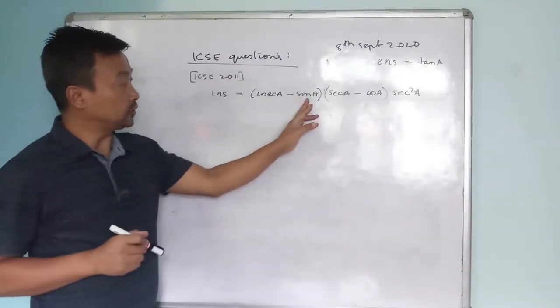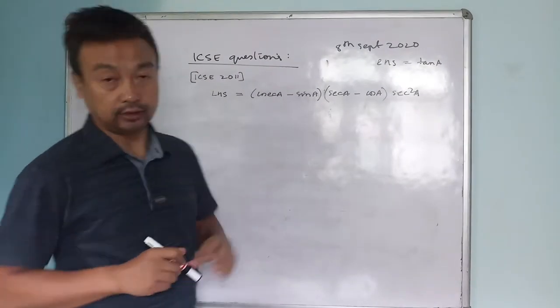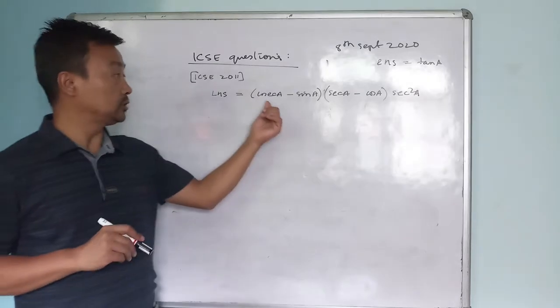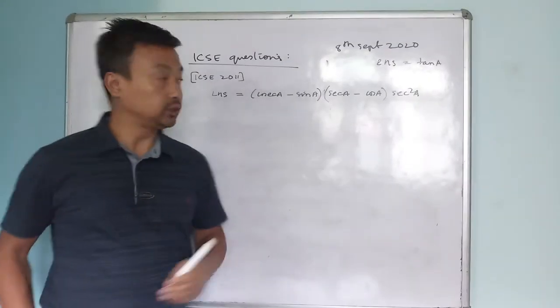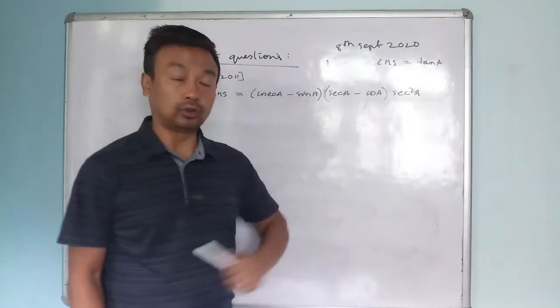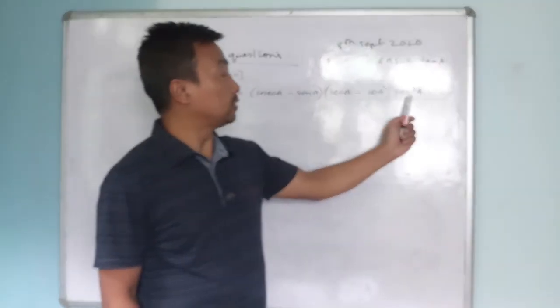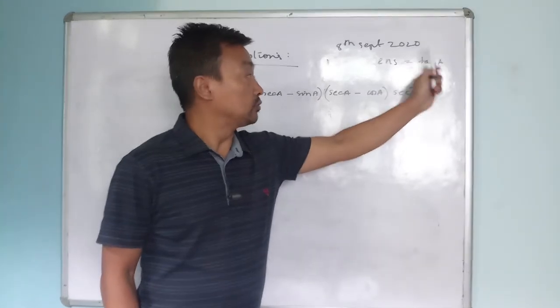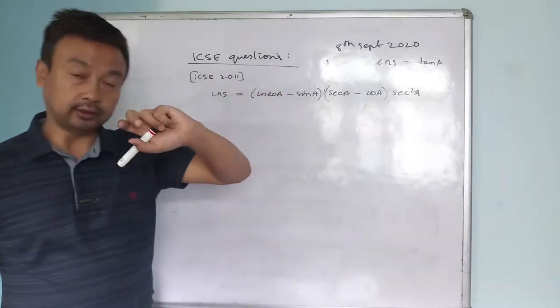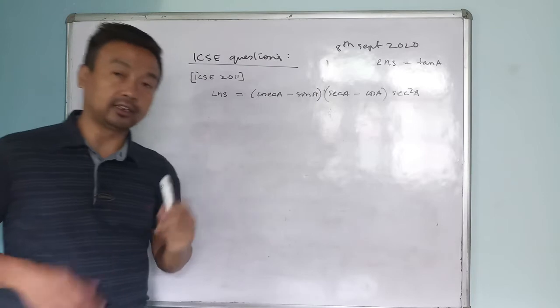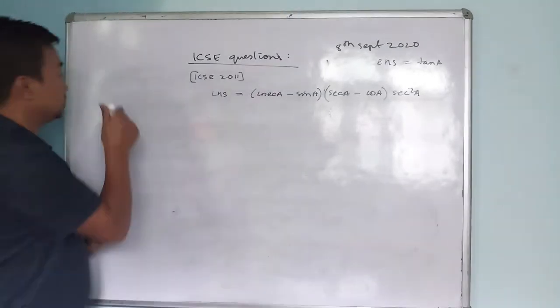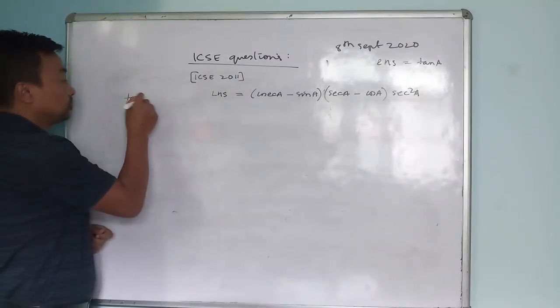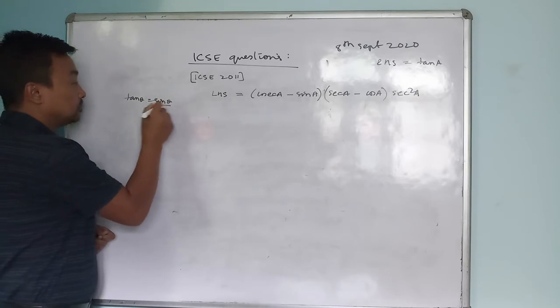Now check the first bracket, cosec and sine. We know that the relation between them is they are reciprocal to each other. Sec and cos is also reciprocal to each other, and one sec square is left here. So we have to find tan. So tan theta in terms of sine and cos is tan theta equals sine theta by cos theta.